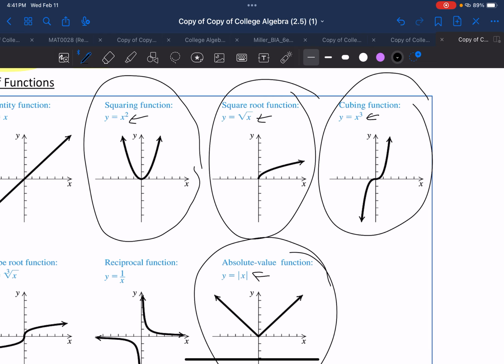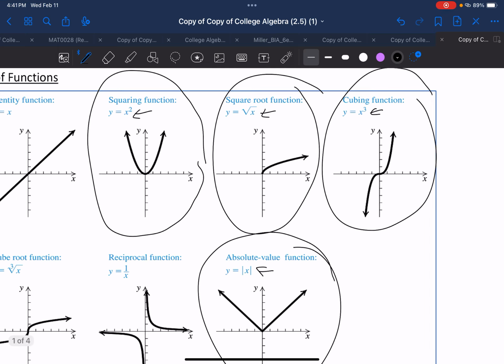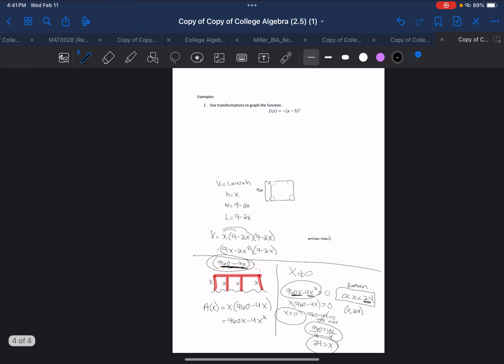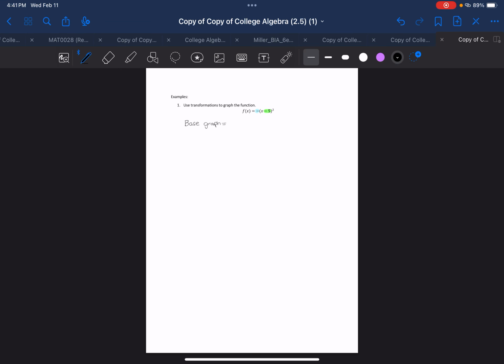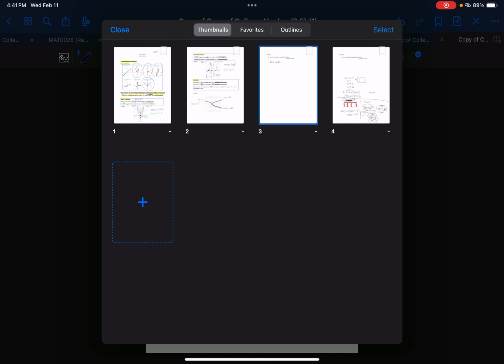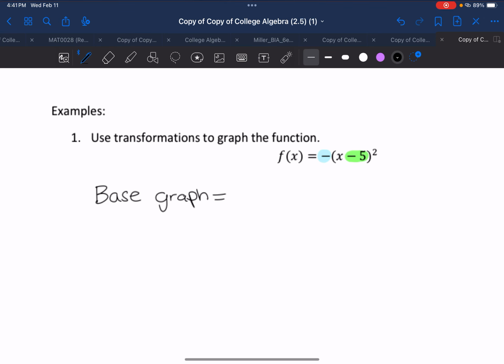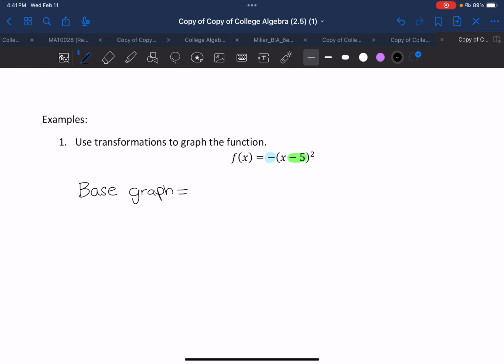I'm just looking at these right now. So if I go back here, this equation up here has an exponent of 2. So the only base graph I know that has an exponent of 2 in it is x squared. So therefore my base graph would be x squared. So that's the first thing.